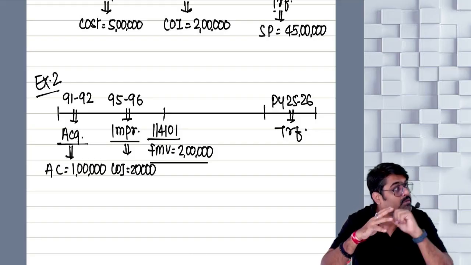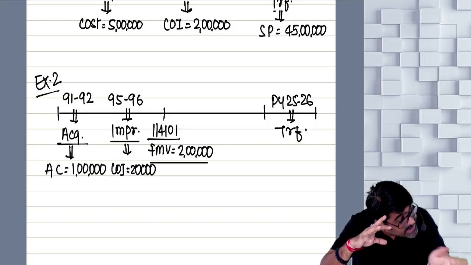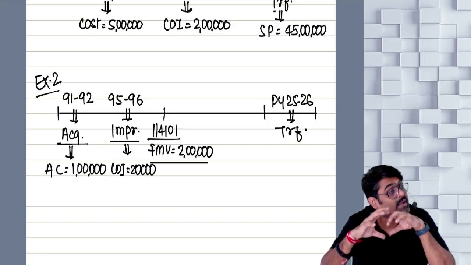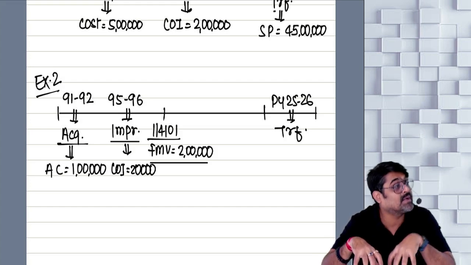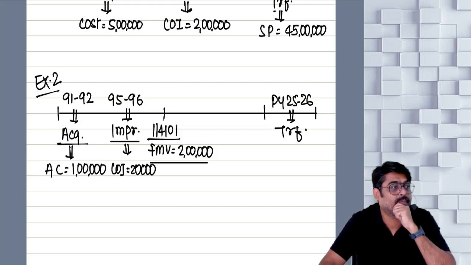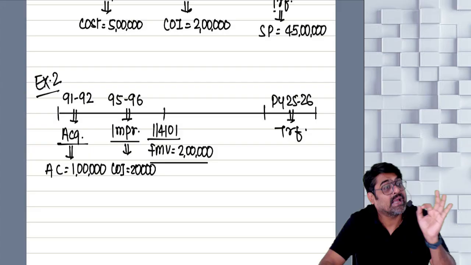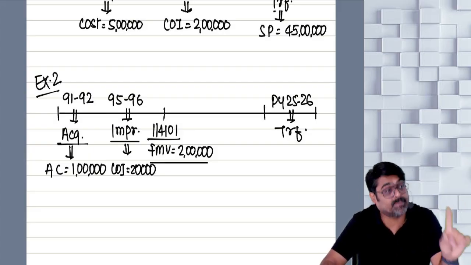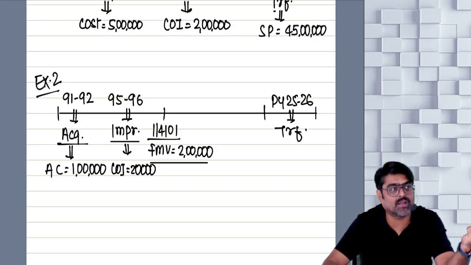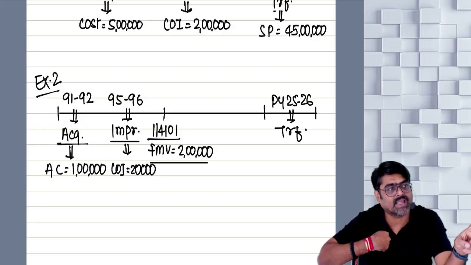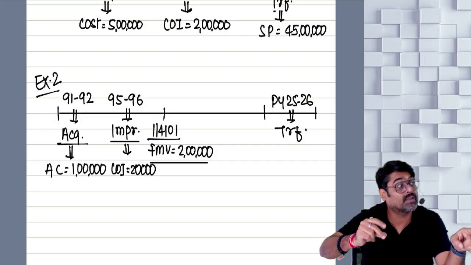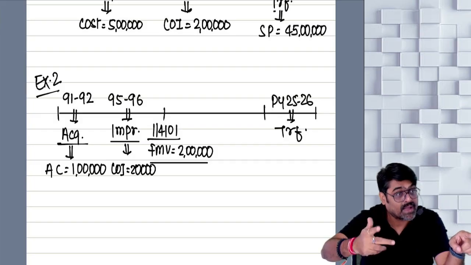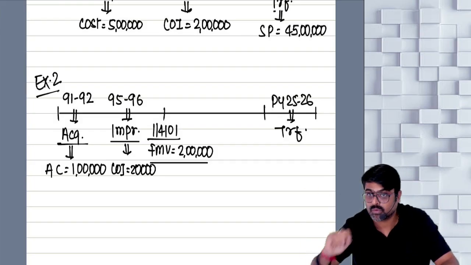Prior to 1st April 2001. In that case only it is possible that I would have done the cost of improvement prior to 1st April 2001. And if I have incurred the cost of improvement prior to 1st April 2001, it means my asset was acquired prior to 1st April 2001, and for that asset I get the option to take the fair market value as on 1st April 2001.